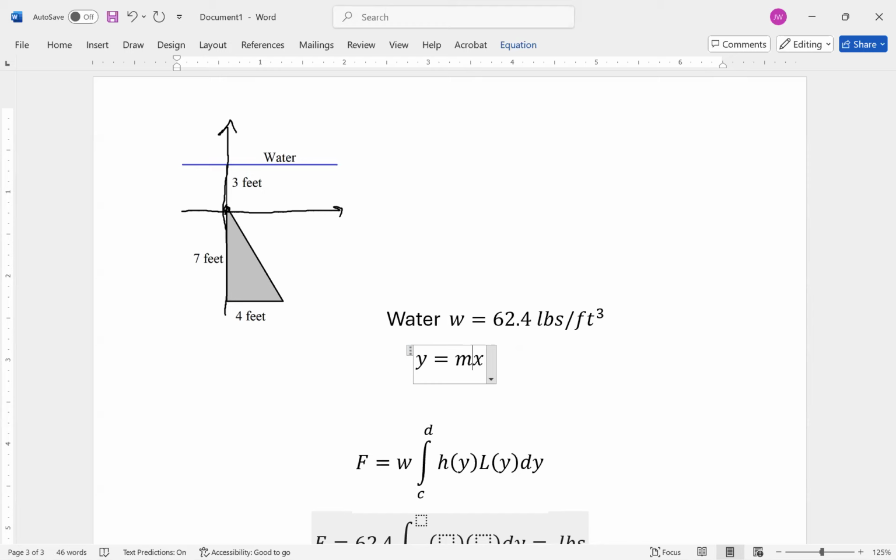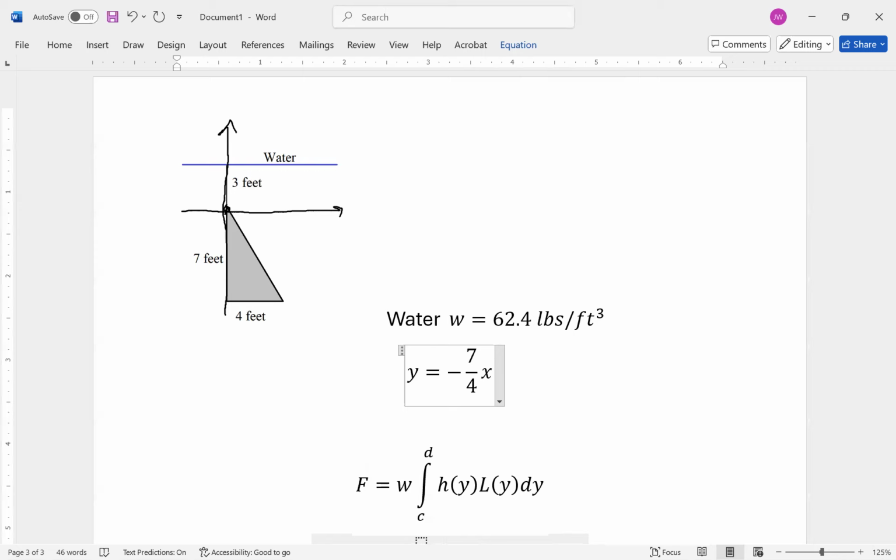So y is equal to slope times x. Slope of that line is down 7 over 4. So y is equal to negative 7/4 x is that right-hand side line.